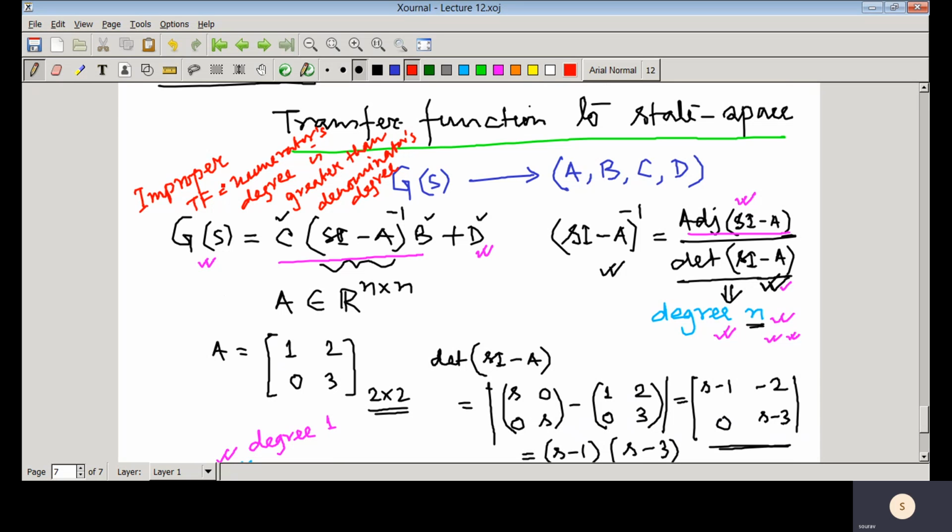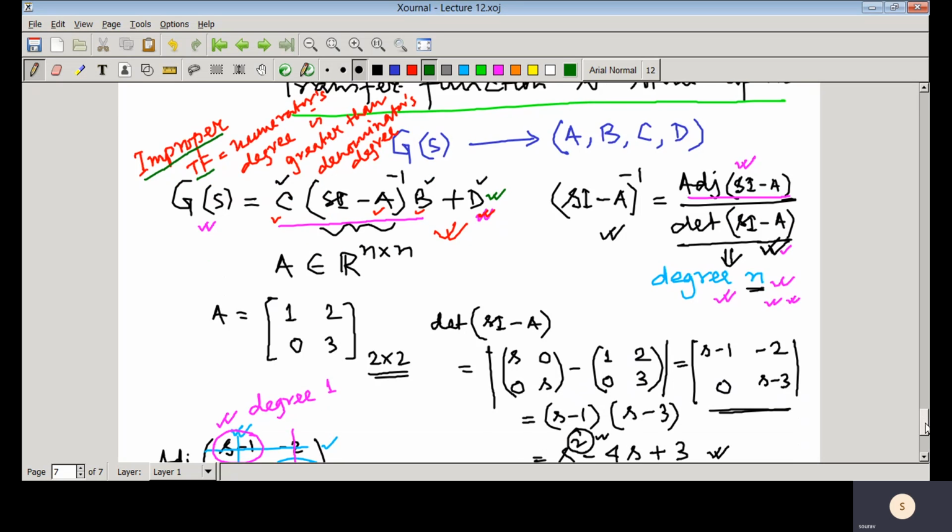From this particular argument we have seen that, as the transfer function G is equal to C(sI minus A) inverse B plus D, we cannot have any A, B, C, D matrices such that the numerator degree would be greater than the denominator degree. That means an improper transfer function cannot be realized in this form.